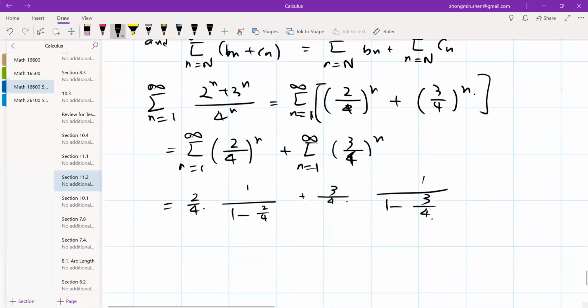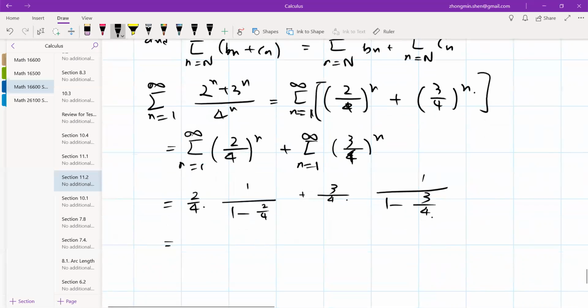You get 1 half over 1 half, it's 1 actually, right? And here you get 3 over 4 over 1 over 4, so it's 3. The final answer is 4.